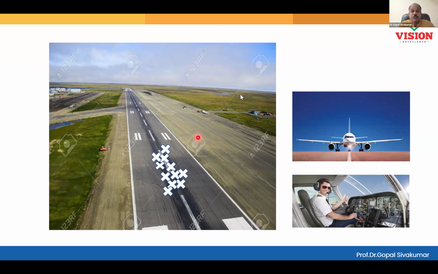6 sigma capability means your success probability is now not 99.73. Now it is much better than 99.73 and it is 99.999%. And this is true not just for short term, but also for long term.